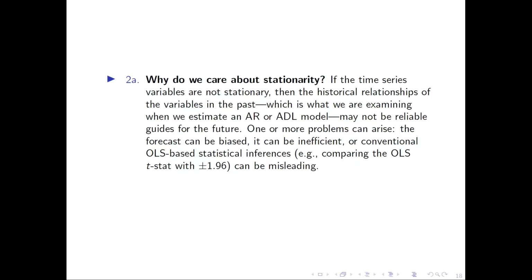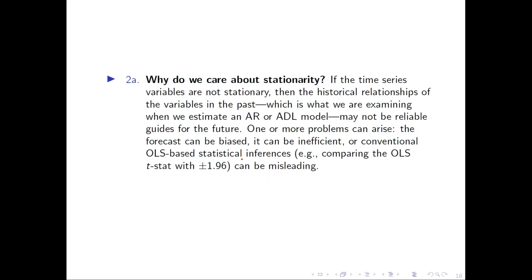But if we have non-stationary variables in our model, then if we examine the results of running the OLS regression on our model specification, our results might not be reliable.